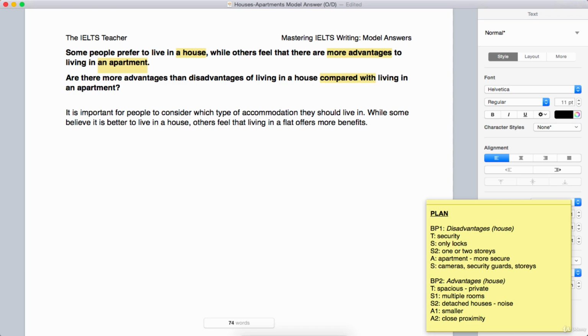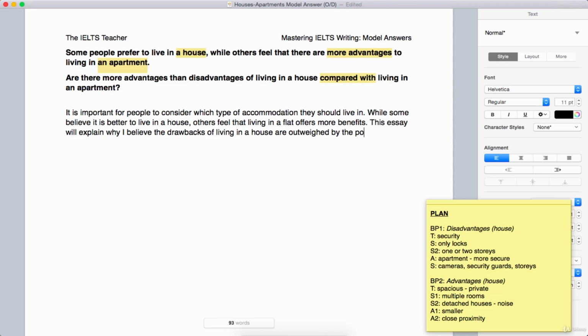But this does make it a little bit easier for us, because we can just say this essay will explain why I believe the drawbacks of living in a house are outweighed by the benefits.